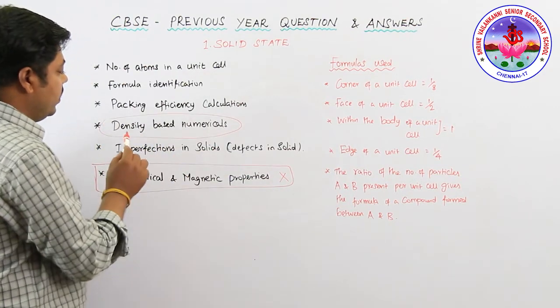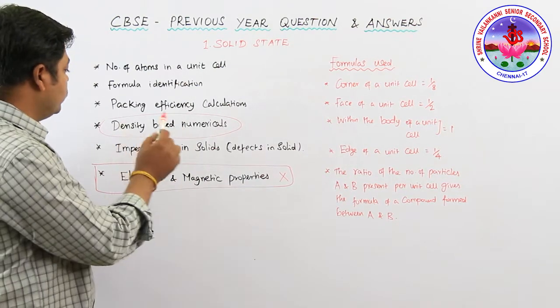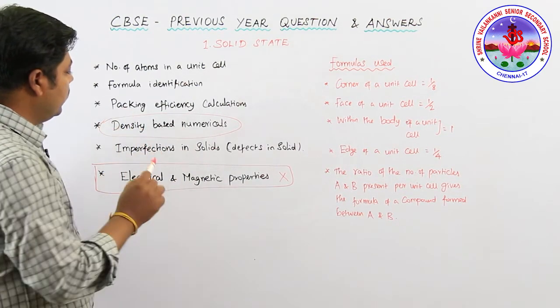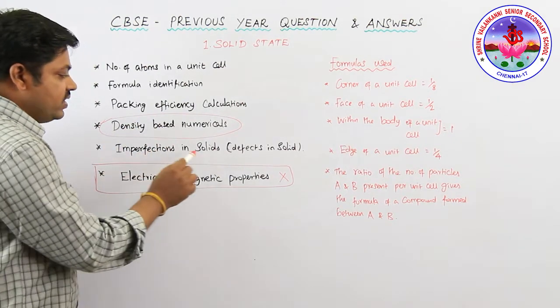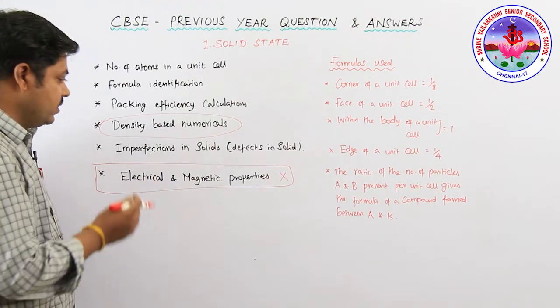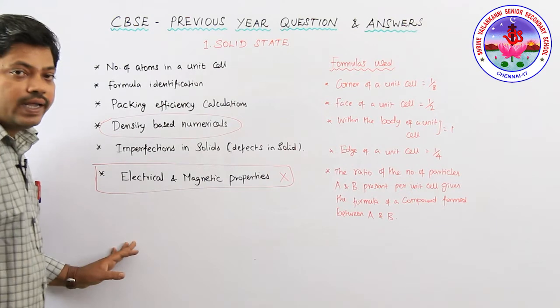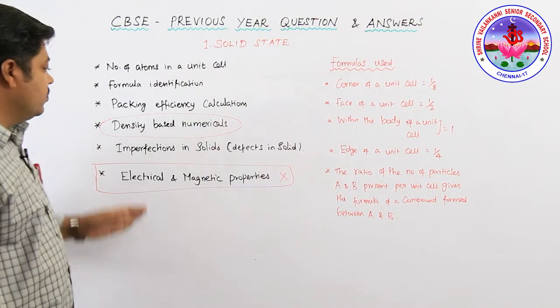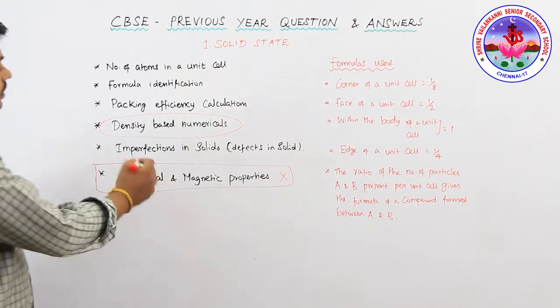Every year, the question paper usually does not come without density based numericals, so this is very important. Then the imperfections in solids are also very important: Frenkel defects, Schottky defects, and the different types of defects, that is stoichiometric and non-stoichiometric defects. The main questions come from this part.